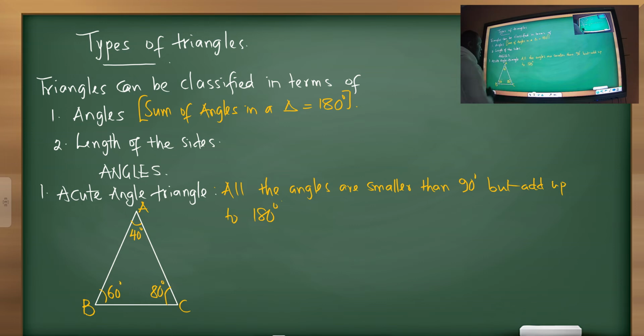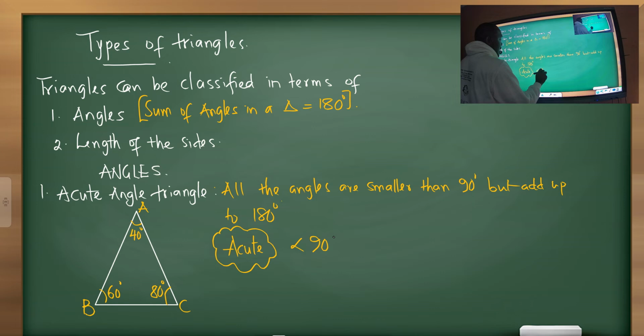All the angles are smaller than 90 degrees. Very important. The word acute means smaller than 90. Acute means less than 90 degrees. That's the first type of triangle in terms of angles.